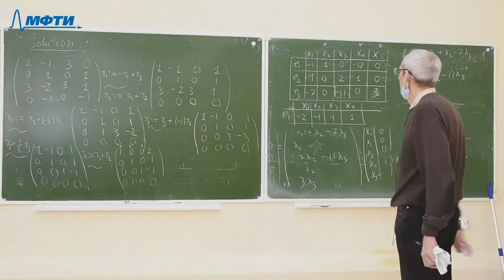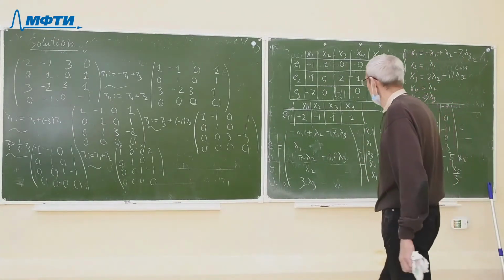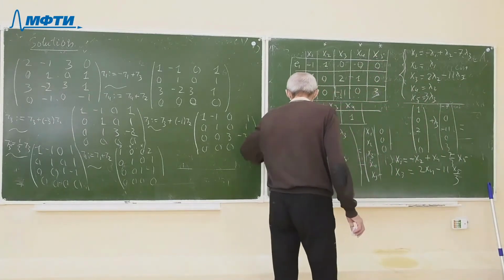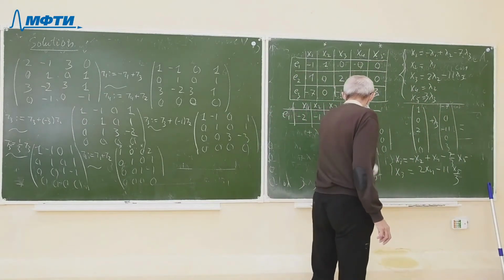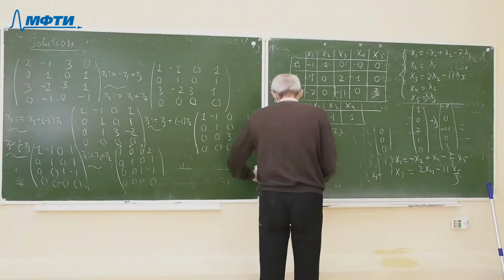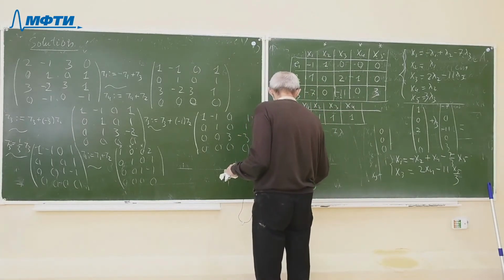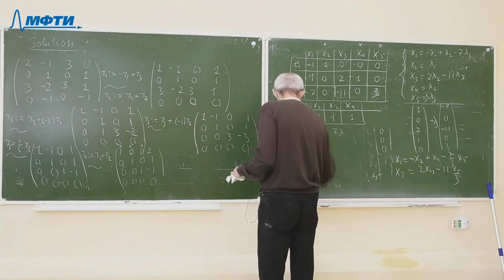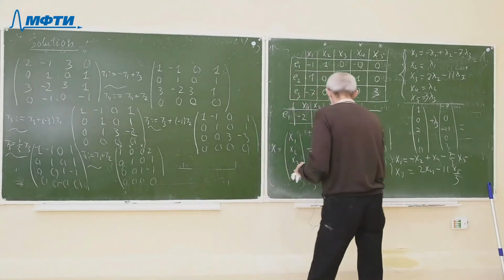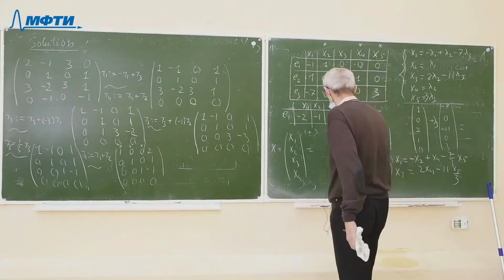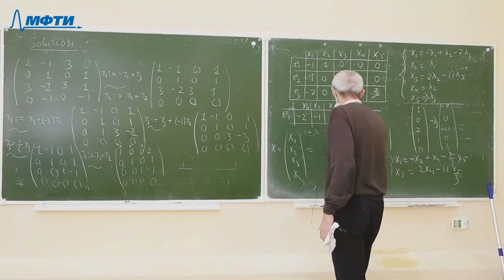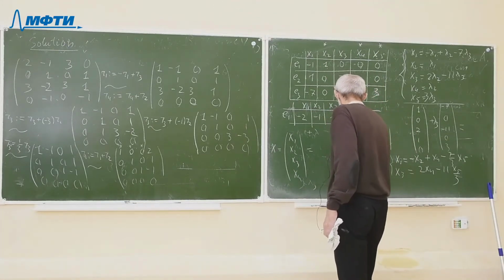And we obtain this vector. Any solution x1, x2, x3, x4 can be expressed in terms of this vector: minus 2, minus 1, 1, 1.